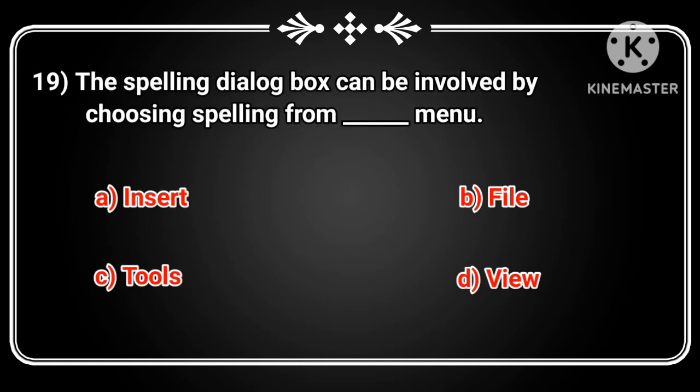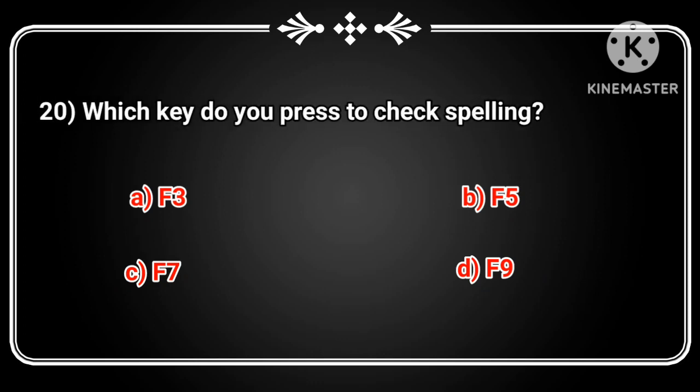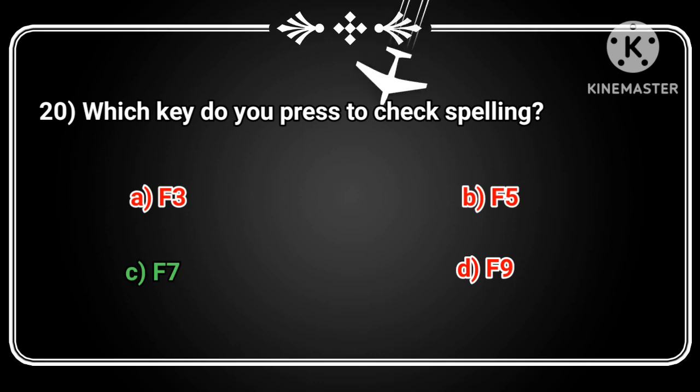The spelling dialog box can be invoked by choosing spelling from the Tools menu. Which key do you press to check spelling? Function key F7.